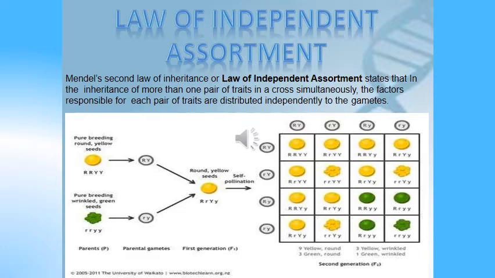When you do cross pollination between them, you will get a seed which is having yellow color and round shape. That means we are going to observe dominant trait. The genotype will be capital R, small r, capital Y, small y. Previously, it was capital R, capital Y, and in the recessive one, small r, small y.